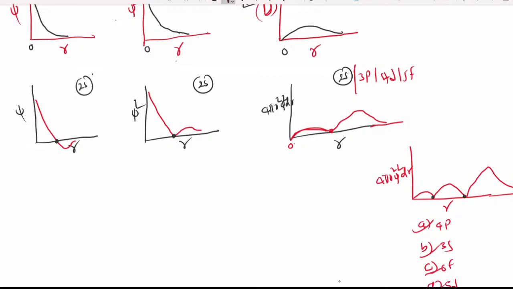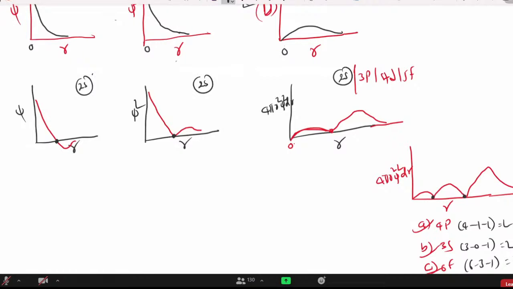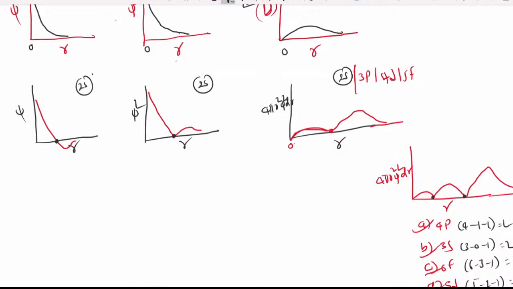For this one, n minus l minus 1: 4 minus 1 minus 1, 2 nodes. For this, 3 minus 0 minus 1, 2 nodes. For this, 6 minus 3 minus 1, 2 nodes. For this, 5 minus 2 minus 1, 2 nodes. Therefore, this is the correct answer. Understood? This is the way you will get graphical questions in your examination.